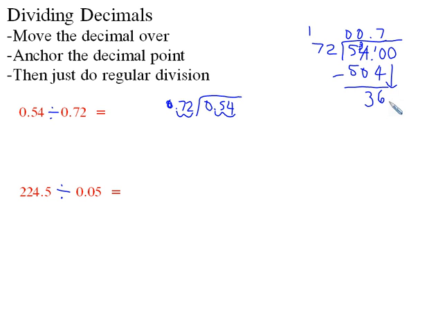So now I bring down this next 0. And I say to myself, how many times does 72 go into 360? Well, how many times does 70 go into 360? I move that from 7 into 36, and I know it goes into 35. 7 goes into 35 5 times, so that's why I choose 5.